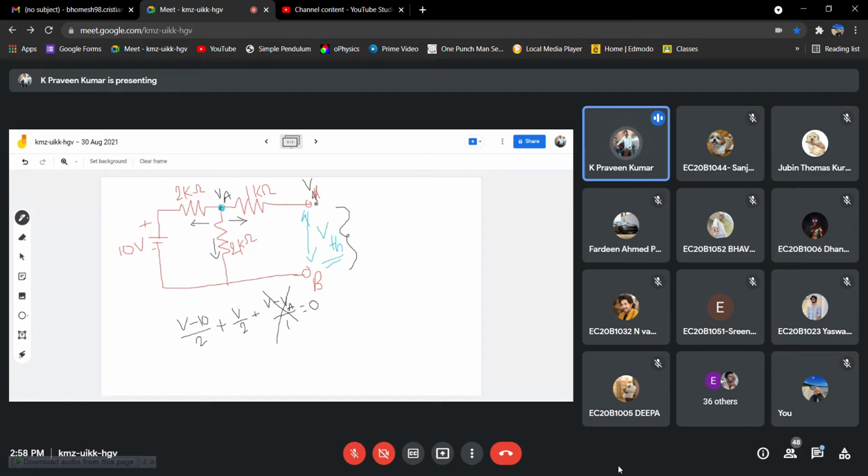So whatever voltage you are calculating at terminal VAB is equal to the voltage drop across this 2 kilo ohm. Right? So there is nothing new. I'm just applying the simple rule. If there is no current flow, the potential difference between these 2 points is 0. Or in other words, whatever the voltage at this point VA.